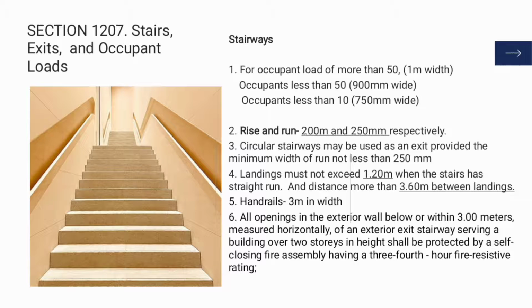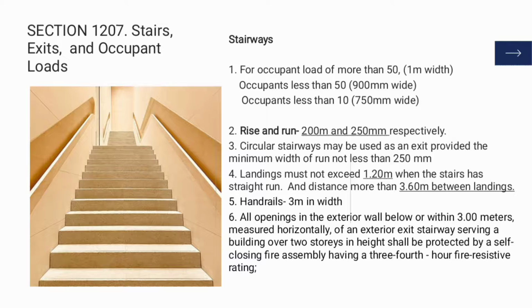And the landings: circular stairways may be used as an exit provided the minimum width of run is not less than 250 millimeters. Circular stairways are okay as long as the run is not less than 250 millimeters. So the landings must not exceed 1.20 meters when the stairs has a straight run and a distance of more than 3.60 meters between landings.